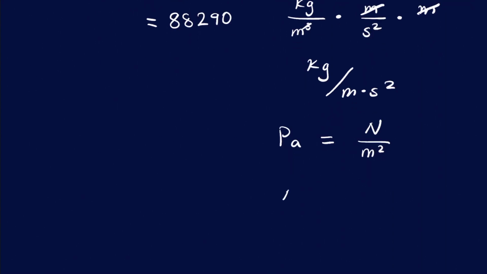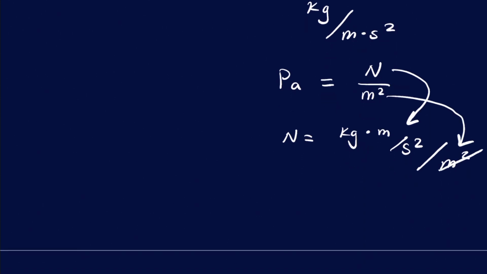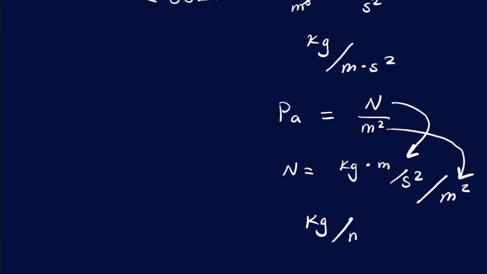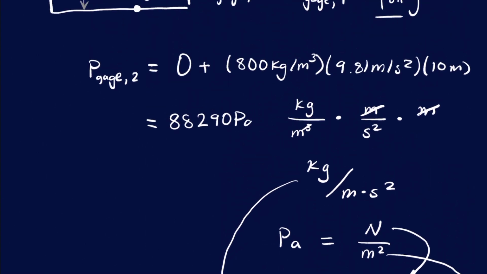And the SI units of a newton are kilogram times meter per second squared. So if you have a newton per meter squared, then you're simply left with a kilogram per meter times seconds squared, which is exactly the units that we got before. So the units of the gauge pressure are going to be pascals.